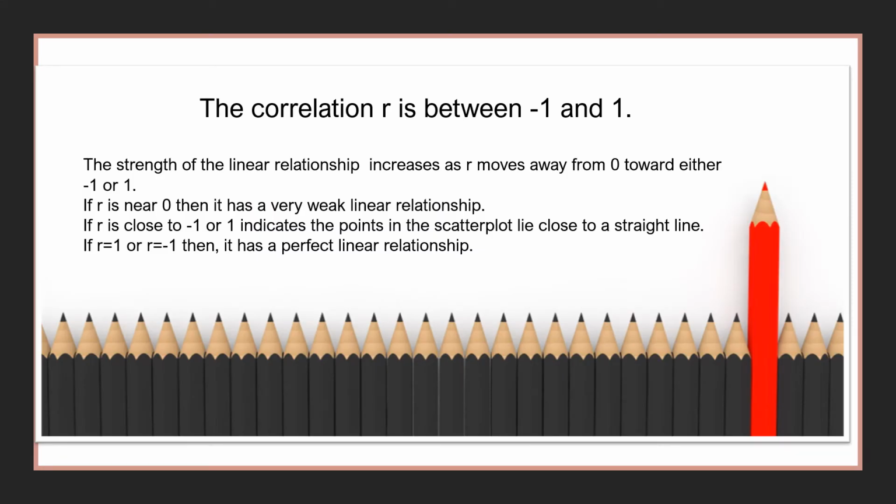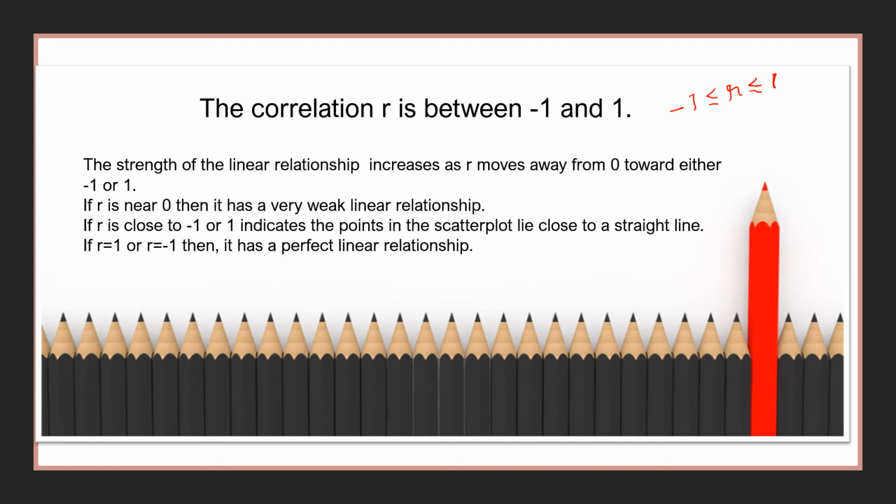The coefficient R always lies between -1 and +1. That is, we have -1 less than or equal to R less than or equal to +1.